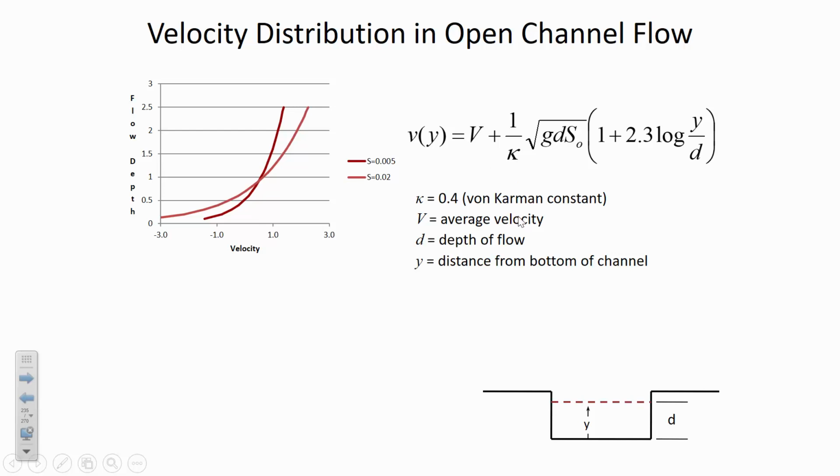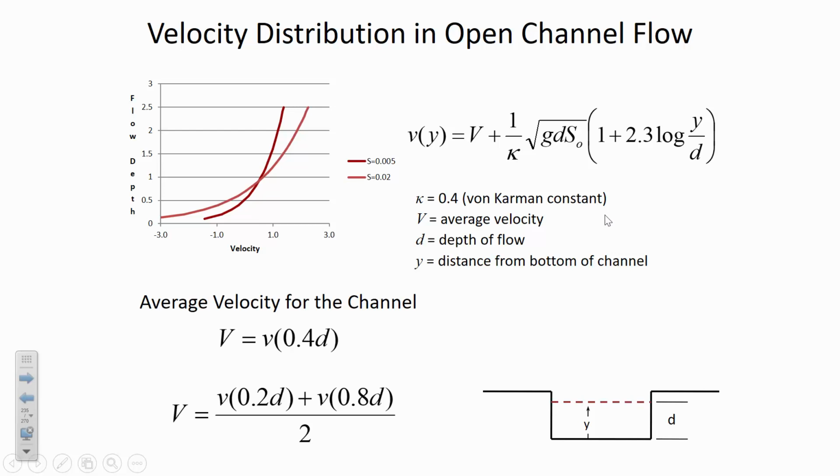There are simpler approaches to this as well. One of the ways to find the average velocity is to measure the velocity at about 4/10 of the depth. So if you go down a certain distance, they've observed that the average velocity is approximately equal to the measured velocity 4/10 of the way to the bottom.